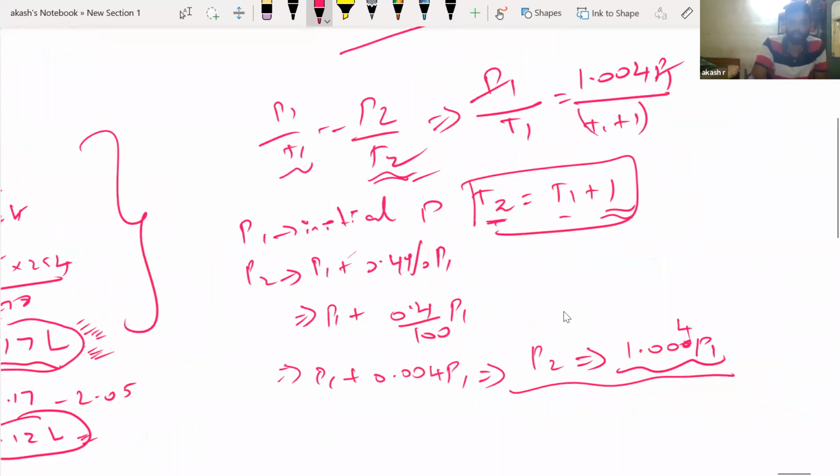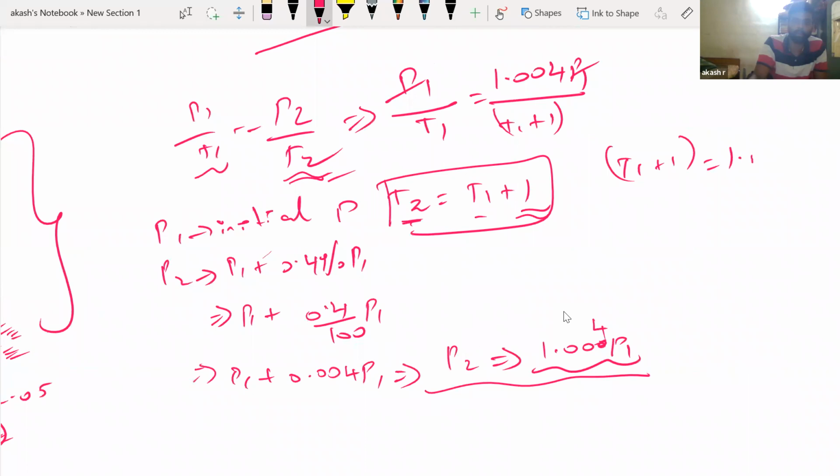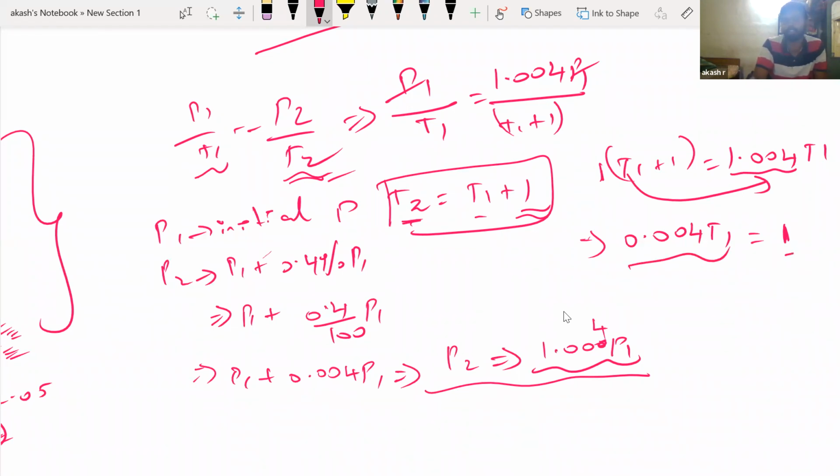T1 plus 1 is equal to 1.004 T1. If you bring this T1 this side, 1.004 T1 minus T1 will give you 0.004 T1, that is equal to 1.